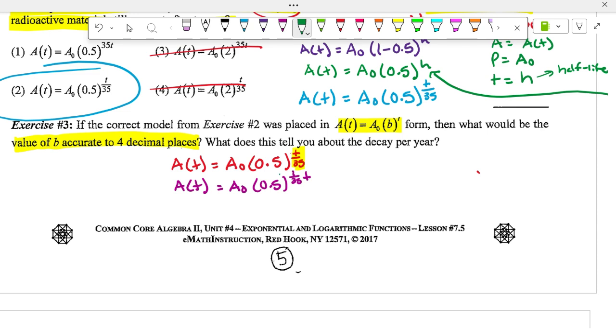Then I'm going to use the power rule and multiply that to the exponent with the 0.5, which in this case is a 1. So I got A of t is equal to A₀ times (0.5^(1 over 35)) all raised to the t power. So put 0.5 raised to the 1 over 35 power into your calculator. Tell me what it is to 4 decimal places.